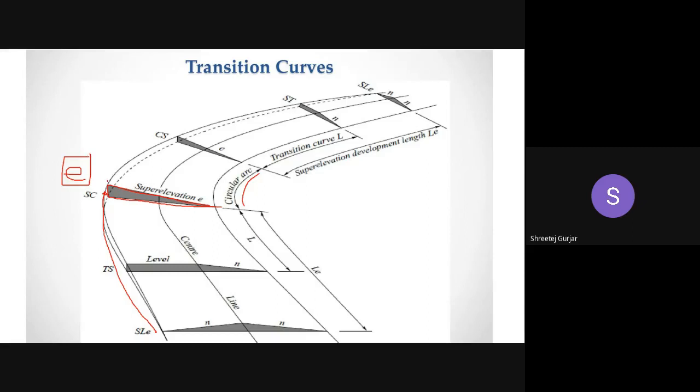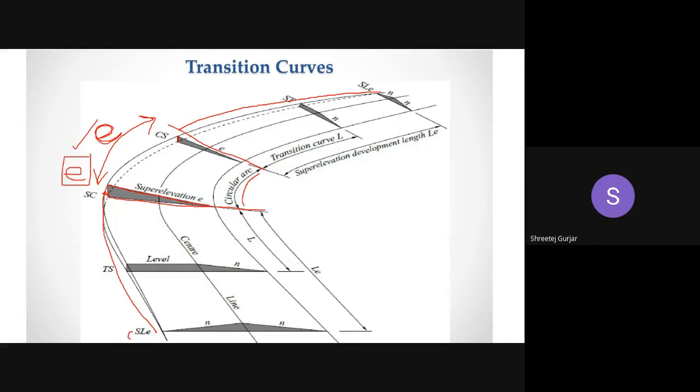So this condition you have to follow: at the point where the circular curve starts, you have to achieve full super elevation, and maintain it up till the end of the circular arc. Up to here the super elevation value must be E. Then again from here to the straight line it can slowly be reduced to 0.